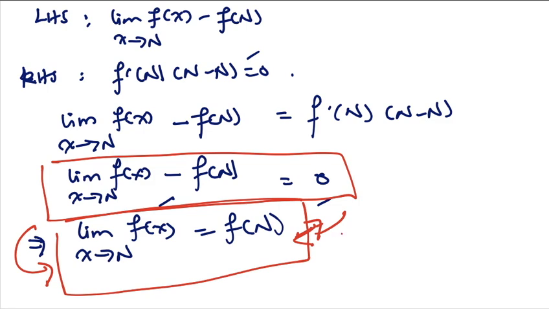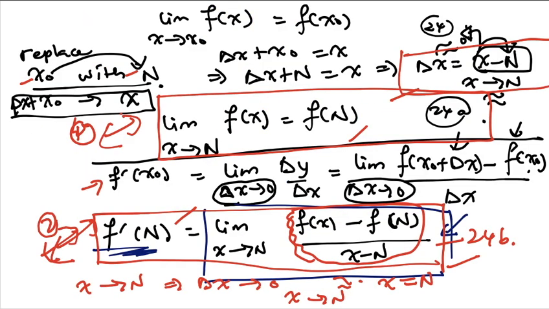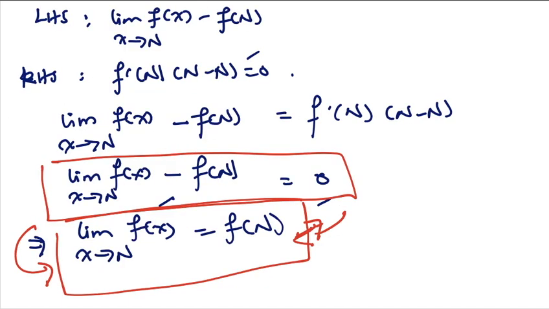That's why I said to you, I have shown you that the continuity condition that we saw earlier in 24a is the one that follows from the differentiability condition, as long as x approaches n such that x is not equal to n. So I hope this is clear for you. I understand that this is not easy to understand for you at undergraduate level.